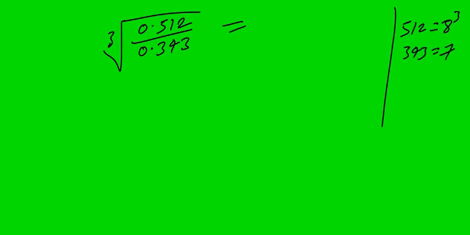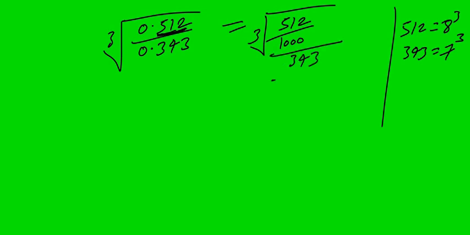If you feel difficulty, just remove the decimal. We write the cube root of 512 upon, since after the decimal we have 3 digits, 1 and 3 zeros, that is 1000. Similarly do the same with 343: after the decimal there are 3 digits, so we write 1000.